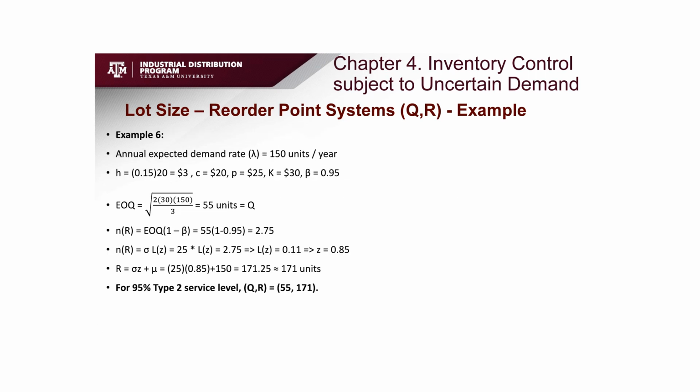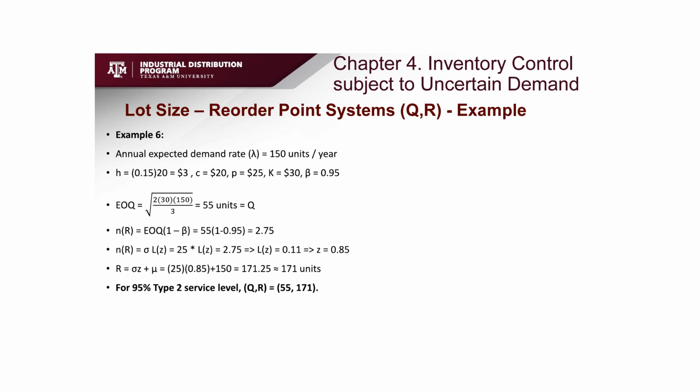Okay, lambda is still 150 and the EOQ is still 55. For type 2, N of R equals EOQ times 1 minus beta, 55 times 1 minus 0.95, which is 2.75. Now, since N of R also equals sigma L of z, we've got 25 times L of z equals 2.75, which makes L of z 0.11.